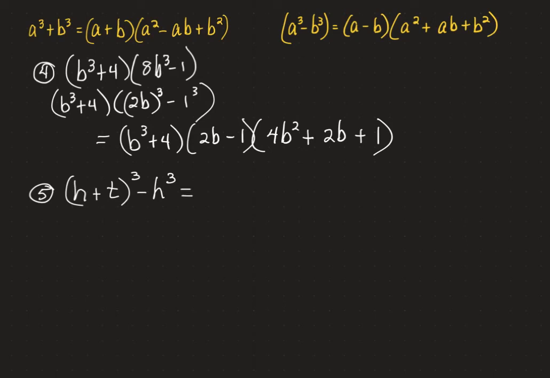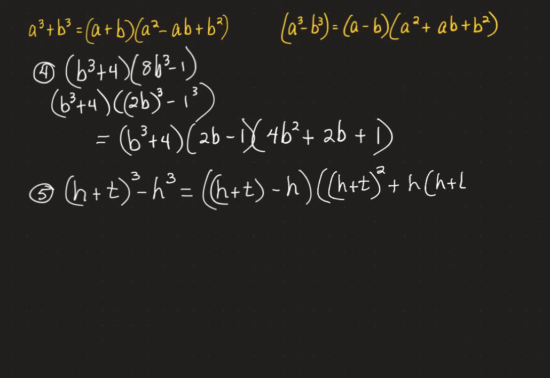Let's follow the formula. The cube root of the first term minus the cubed root of the second term. The first term squared. We're going to take the opposite sign. We're going to multiply h times h plus t. And then always positive is the last term, which will be h squared.